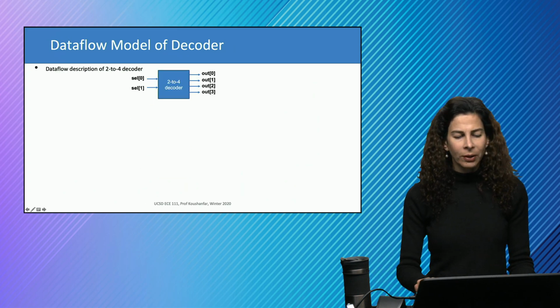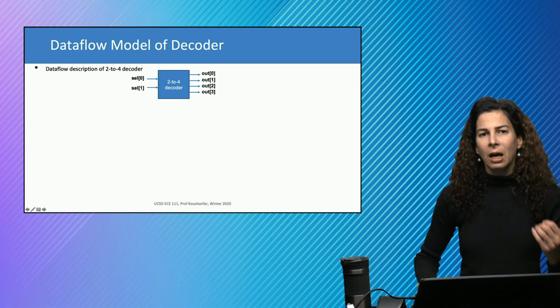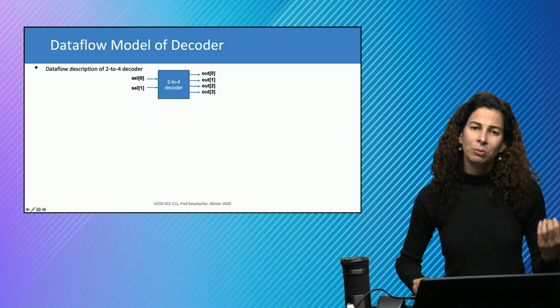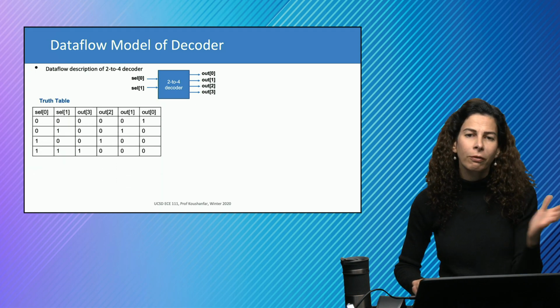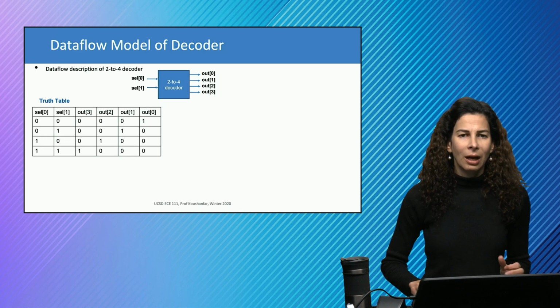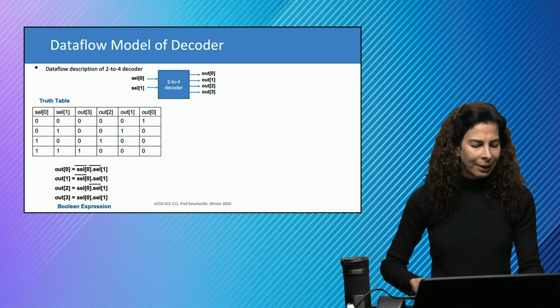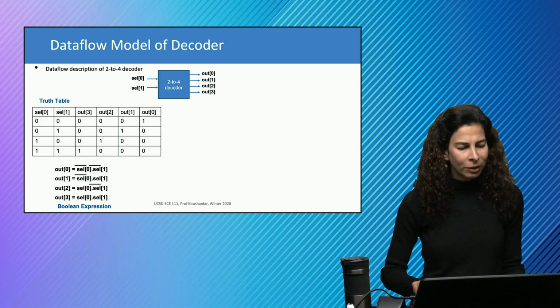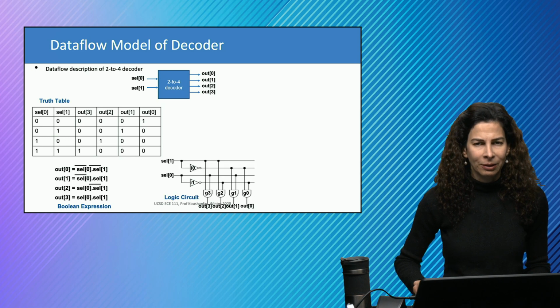Now, if we think about a decoder, we could also think about this as a data flow model, which means that we are going to define how the data really flows in and out. For that, we could use a truth table, and we define this in terms of Boolean logic. Boolean logic is a very common way in which data flow is typically described.